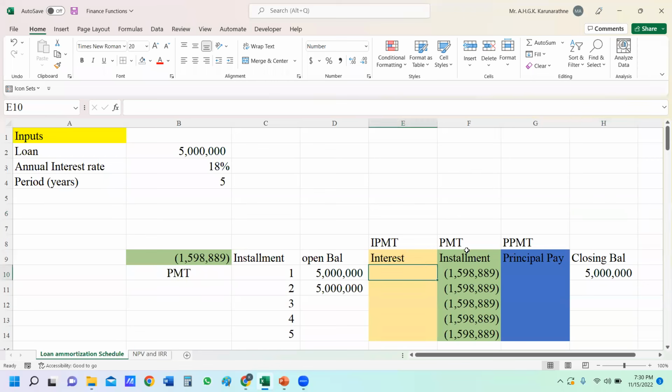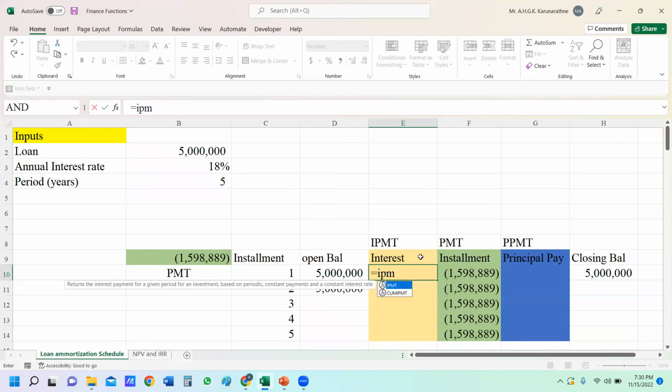Then we will compute now the interest payment. The formula for interest payment is IPMT. So we'll compute interest payment here, equal IPMT.